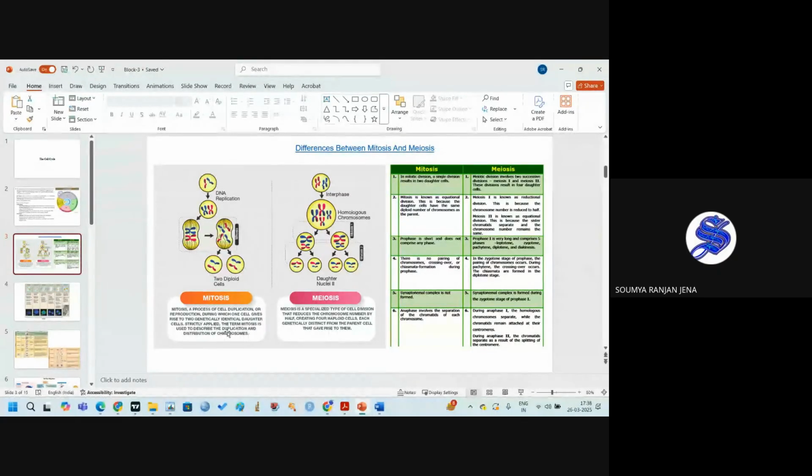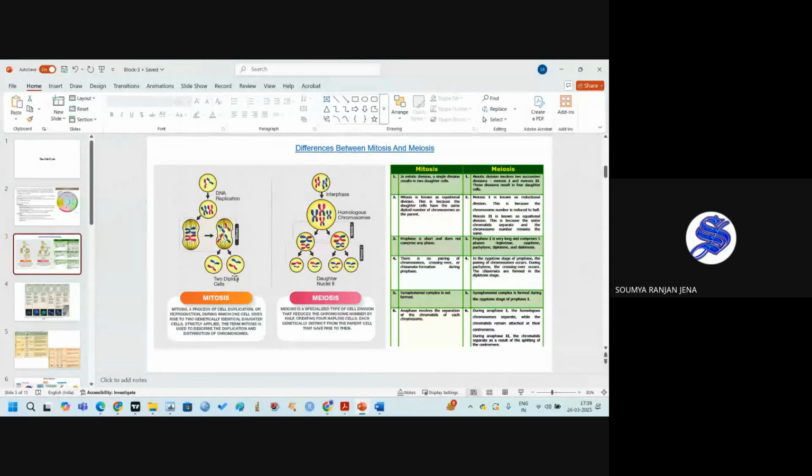Strictly applied, the term mitosis is used to describe the duplication and distribution of chromosomes. If the chromosome number here is 46, then here it is also 46, and here also 46. The identical duplication of the chromosomes occurs, and two diploid cells are produced.